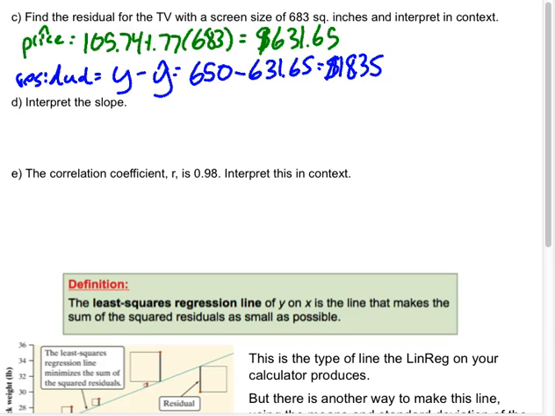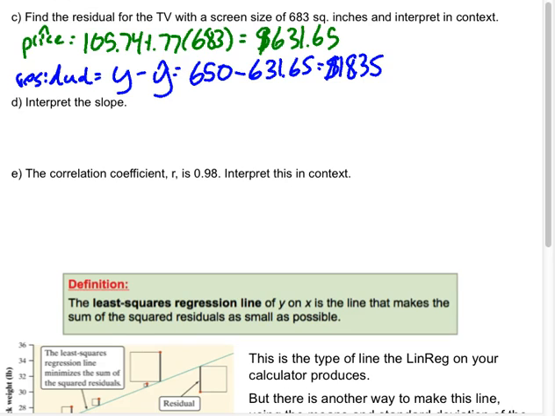All right, and what does this mean? Well, for it to be a positive residual means that the observed price is more. So this time our prediction was less. We underpredicted our value. Okay?